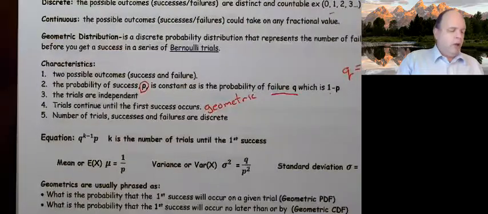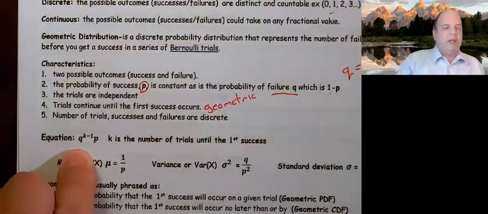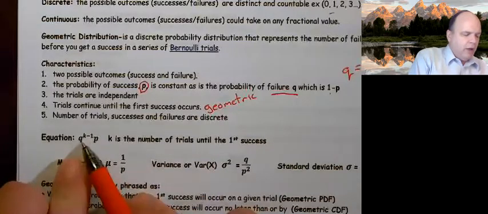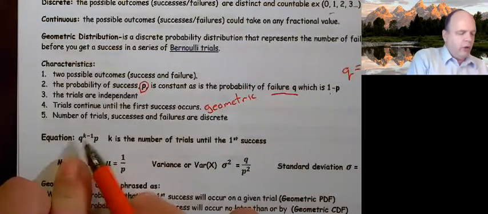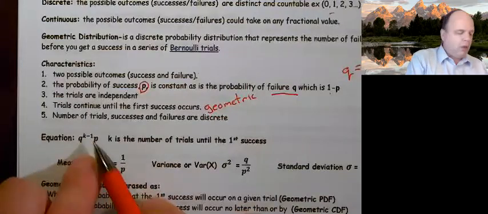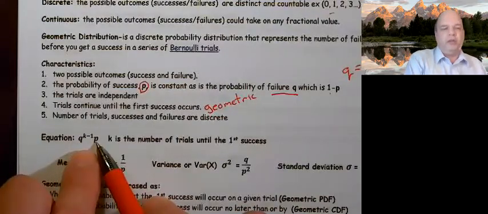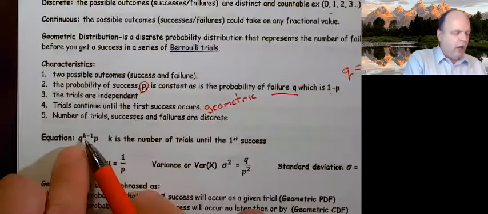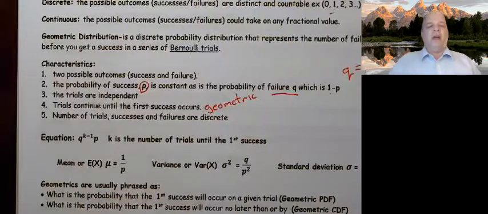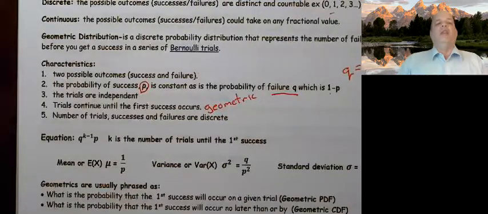All right. We have a formula. So this is the formula for geometric, which is basically the probability of failure raised to the power of the number of times I do it minus 1, times the probability of success. Now, believe it or not, we've actually already been doing something like this.